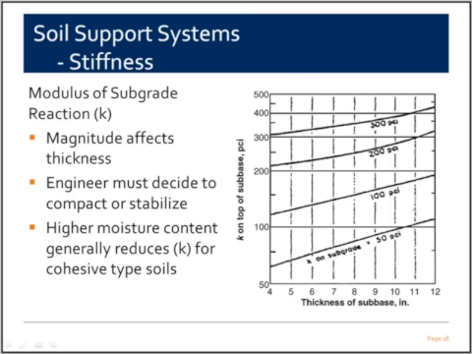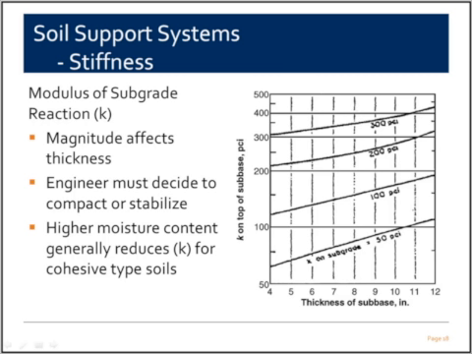The subbase layer has a certain effect on the stiffness that you get, but this chart illustrates you can get a fairly high relative improvement on a poor soil subgrade.